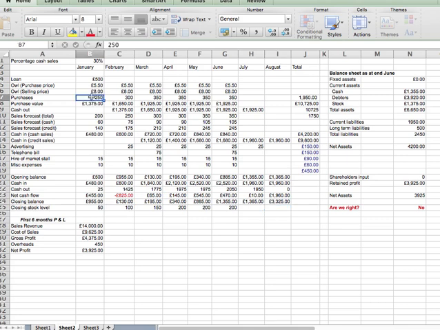Okay, so what's the implication of reducing the purchases in the first month? Well, the only implication is that if sales take off more than the forecast, and don't forget the cash and credit sales are only a forecast.